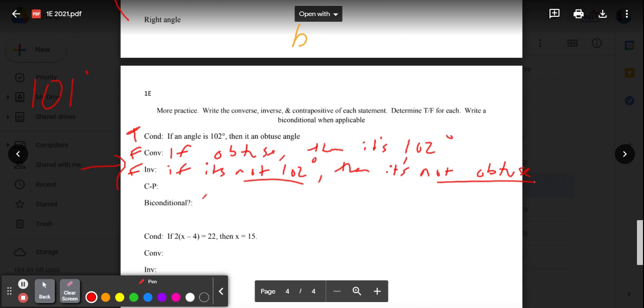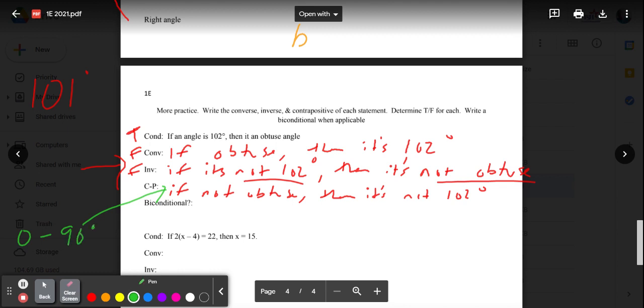Lastly, the contrapositive: if it's not obtuse, then it's not 102 degrees. Now, think about it. If it's not obtuse, that means the angle's got to be 0 to 90 degrees.